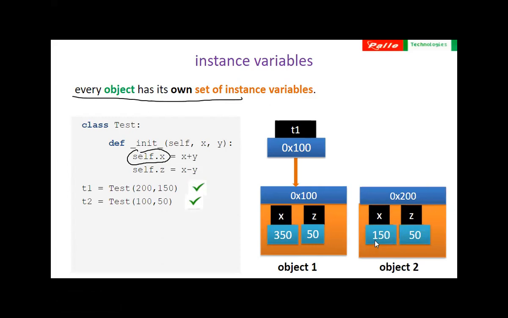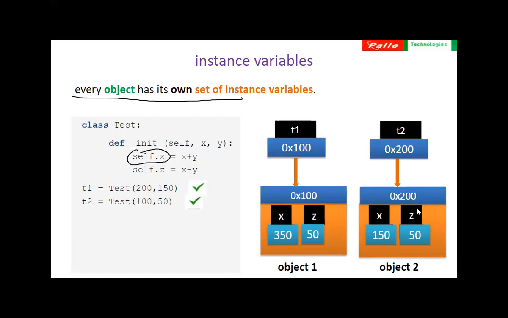What is the value of x? 150. What is the value of y? 50. This 100 will be passed to x and 50 will be passed to y. So x plus y is 100 plus 50, 150, which will be stored in x. You can see x has 150. Similarly y is 50. All these things are done.